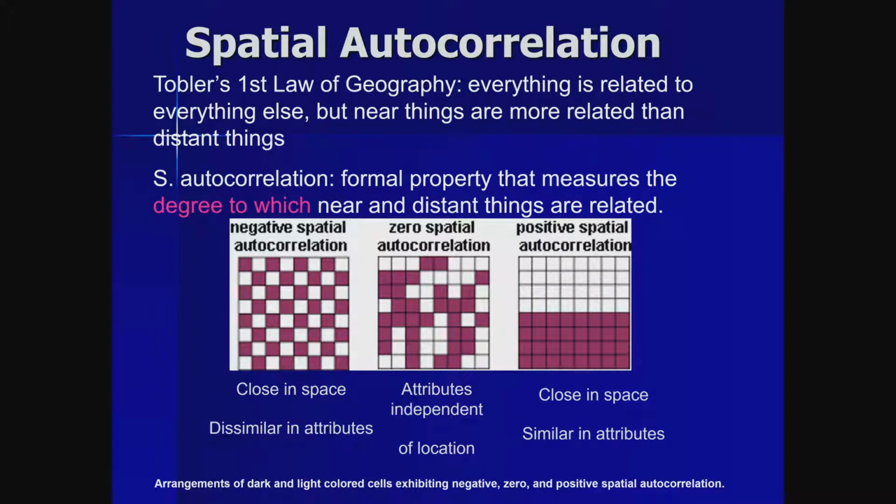But even if this was a slowly or quickly changing trend, in other words, if it started down here and slowly or even quickly increased to the other side, there'd be lots of positive spatial autocorrelation because the values close together are related to each other. They're slowly changing or they're quickly changing. Either way, they're changing at a constant rate. It's more about the constant rate. Similarity in attributes of things that are close.